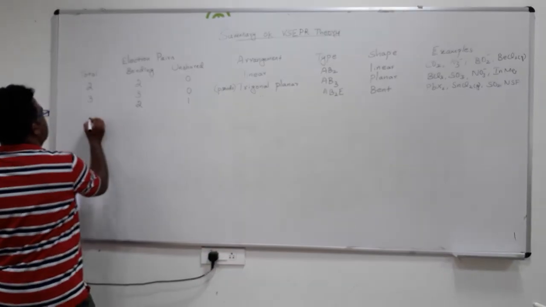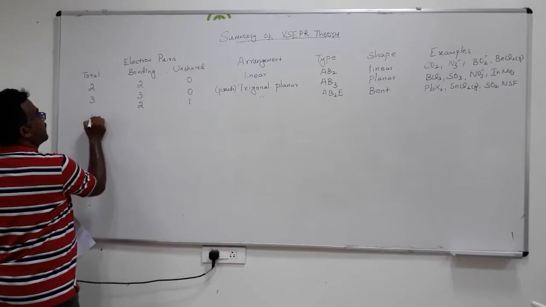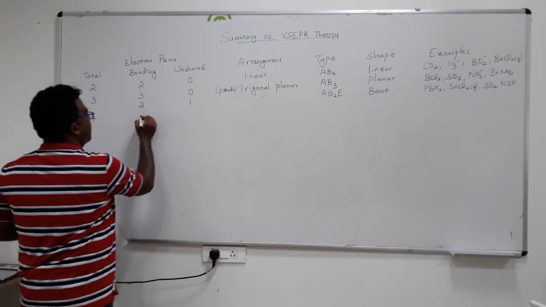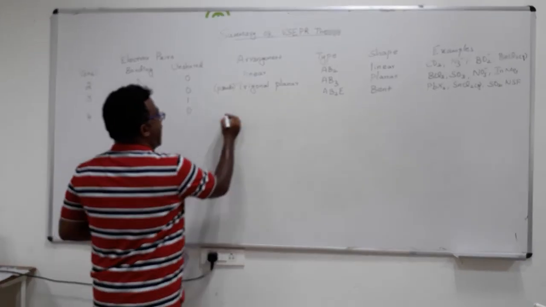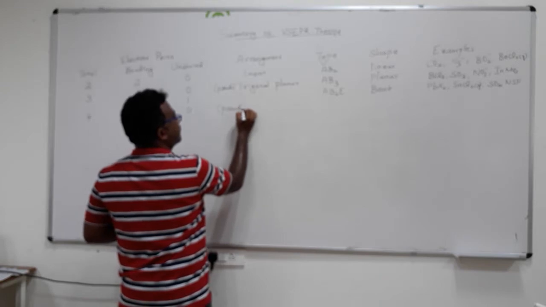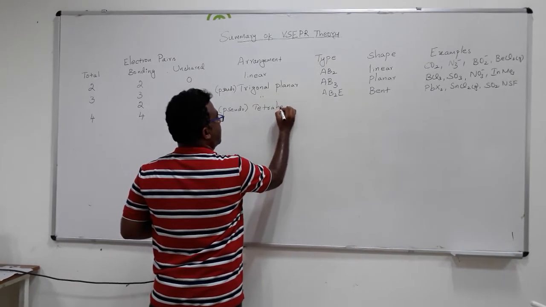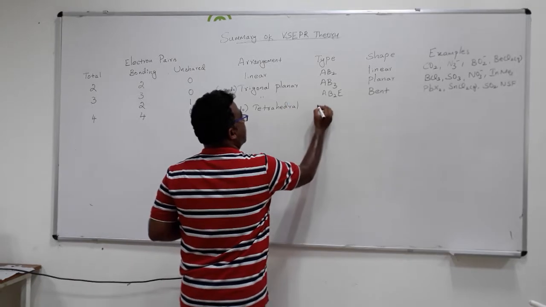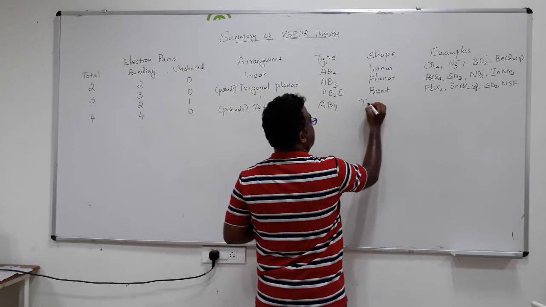Then, if the molecule has four electron pairs, with bonding electron pairs 4 and lone pairs 0, again we can call this arrangement pseudo tetrahedral. Type AB4, shape tetrahedral geometry.